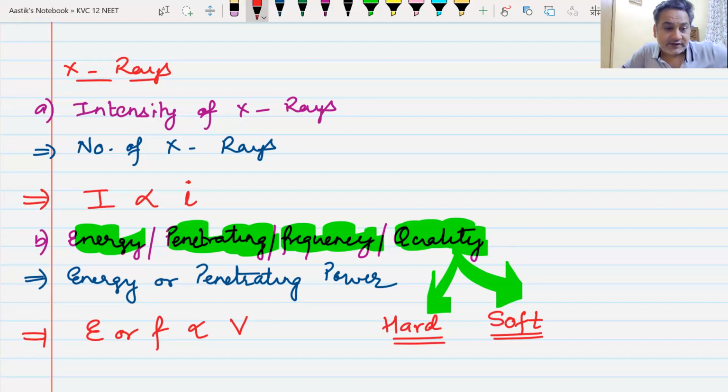One type of X-ray is known as hard X-ray, the other type is known as soft X-ray. Do we understand this? Yes or no? Have we noted it down, bacha? Yes, sir.